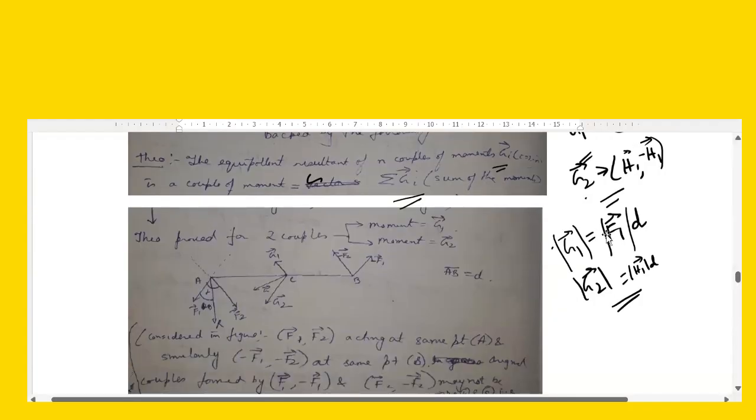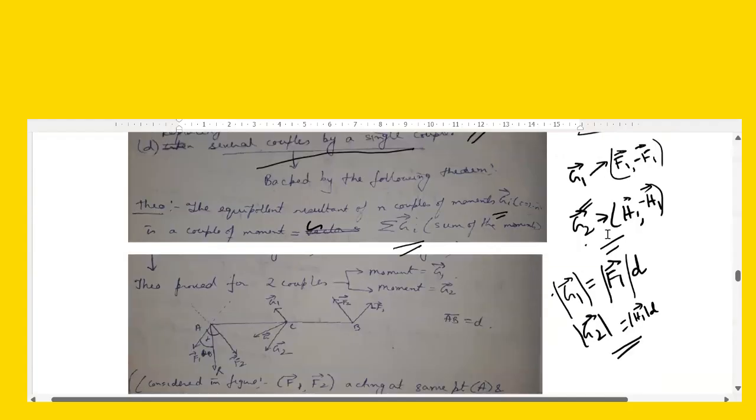So what we are actually doing here is a reduction. The G2 couple can be replaced by another couple having the same moment. I am using it for our own advantage. How?